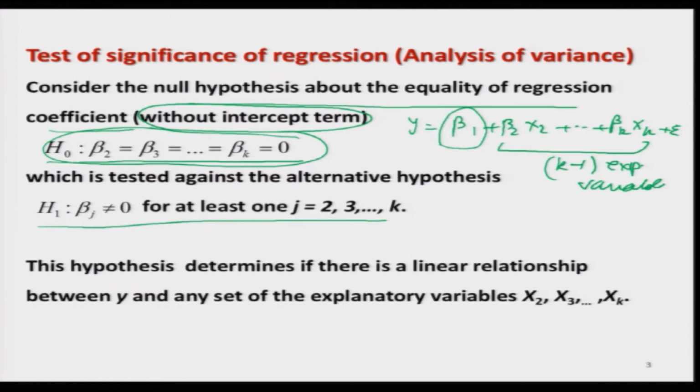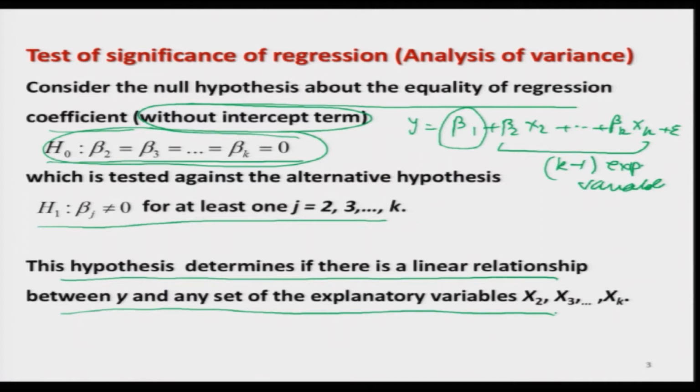This hypothesis determines if there is a linear relationship between y and any set of explanatory variables x2, x3, xk or not. So this will also help you in deciding the linearity of y with respect to x1, x2, xk, exactly in the same way that we have done through the correlation plot and multiple scatter diagrams.